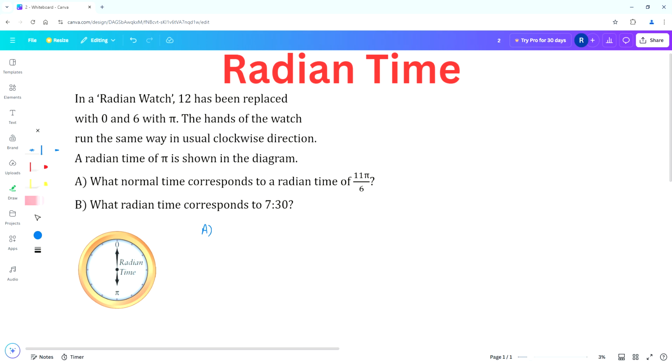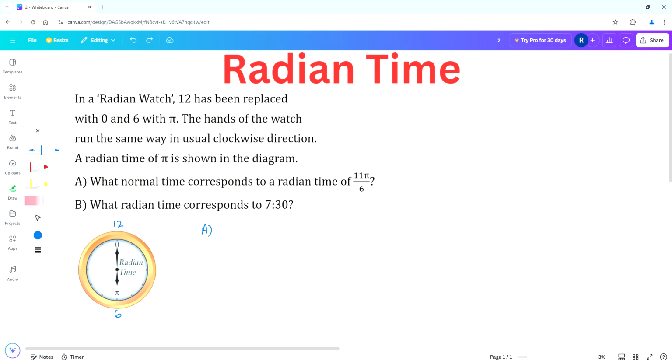We are given a picture of the radian watch and it shows the radian time pi. In a normal watch, the number at the top is 12, the number at the bottom is 6. The radian time pi corresponds to 6 on a normal watch.